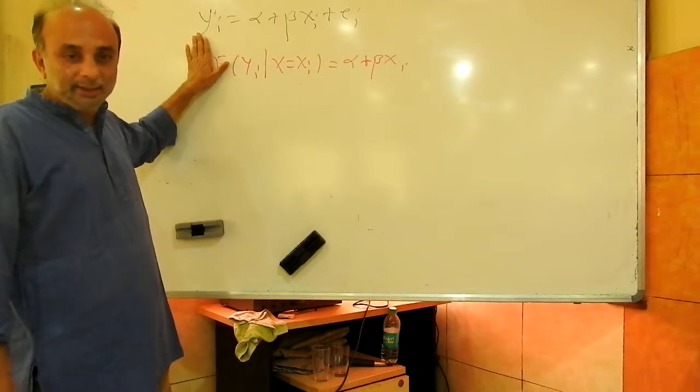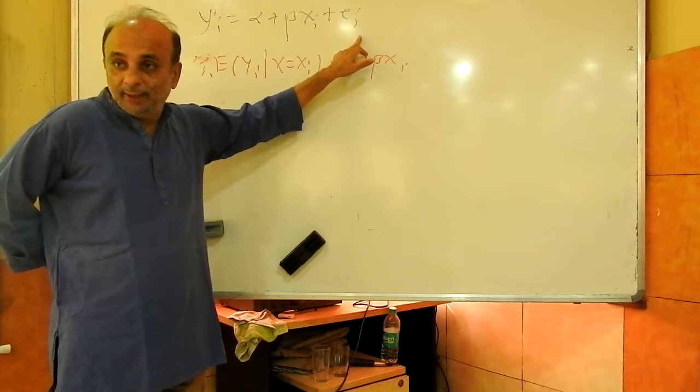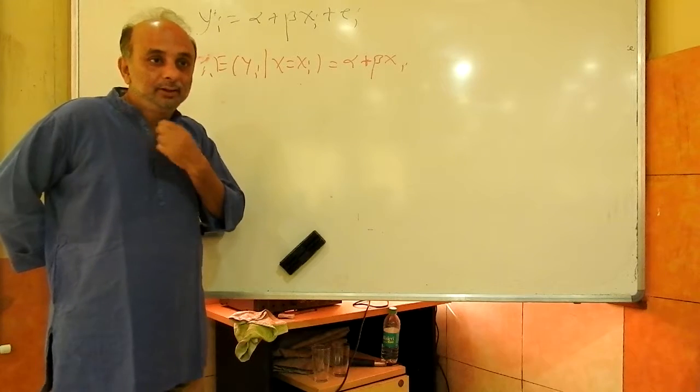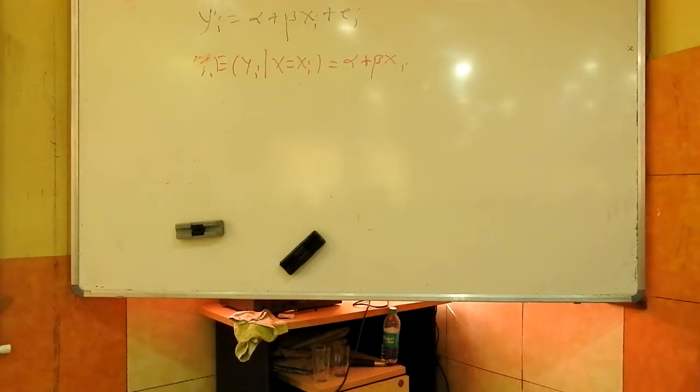This is a particular 18-year-old. This is the gap between the two, ei. Right? And ei is a random variable. Sure? So we must clearly understand what ei is. Yeah? ei is the gap between each individual value of y and the conditional mean of y given x equal to xi.